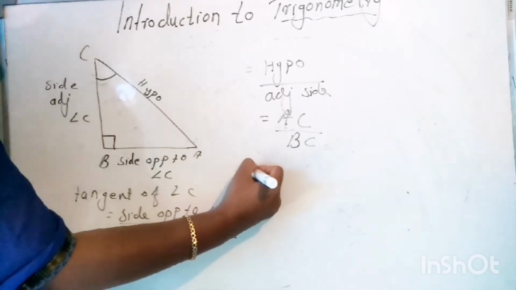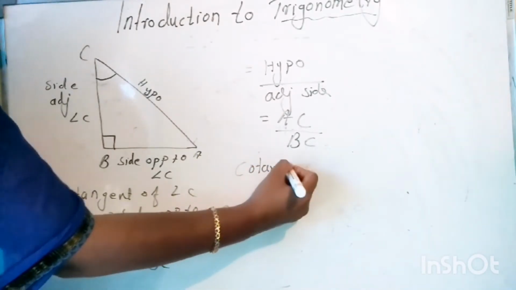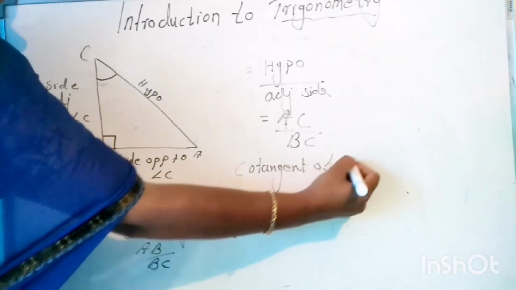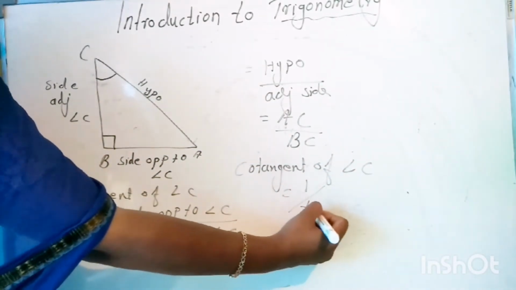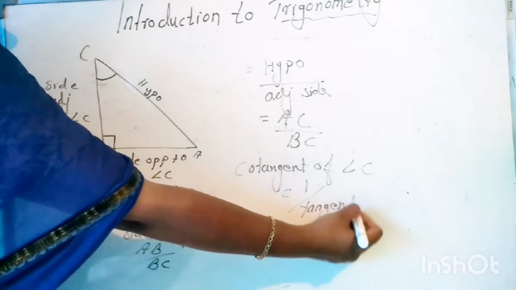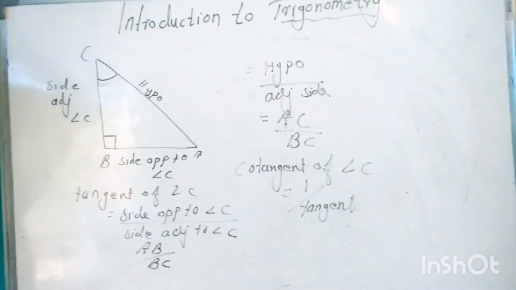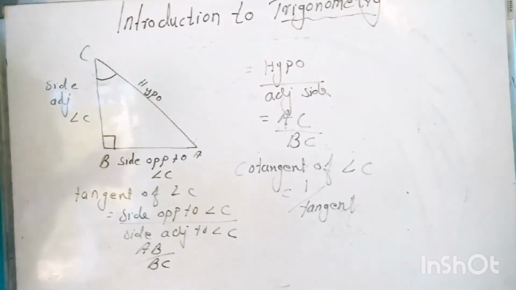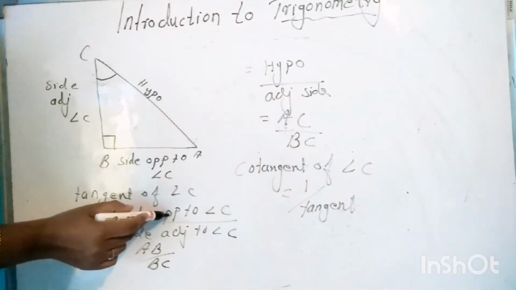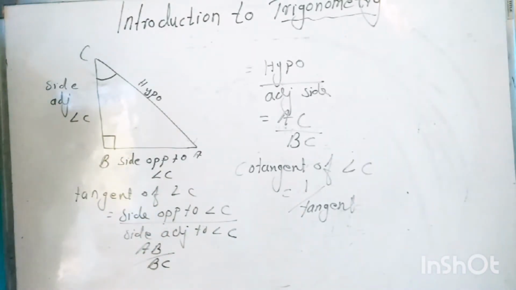Now the last one is cotangent of angle C. This is the reciprocal of tangent of angle C. And tangent is opposite side divided by adjacent side.